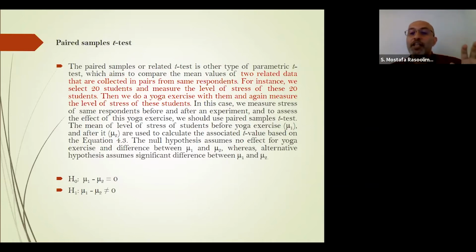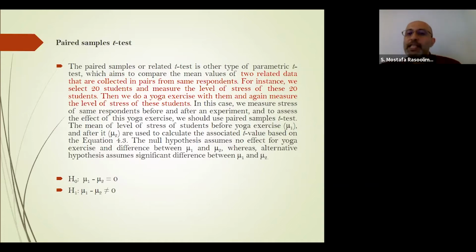Compare the level of stress for situation 1 and situation 2. So the paired sample t-test is most of the time used for experiments. We want to see the effectiveness of an experiment, so we collect data before the experiment and after the experiment for the same group and compare. So this is the paired sample t-test.